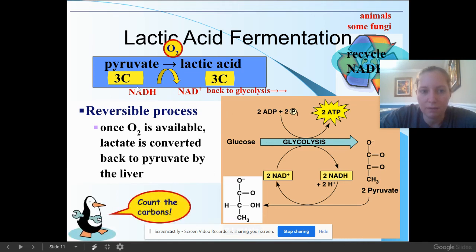In this case, pyruvate has 3 carbons, lactic acid has 3 carbons. When we have oxygen, we can convert that lactic acid back to pyruvate, which can go to the mitochondria and participate in the Krebs cycle, etc.